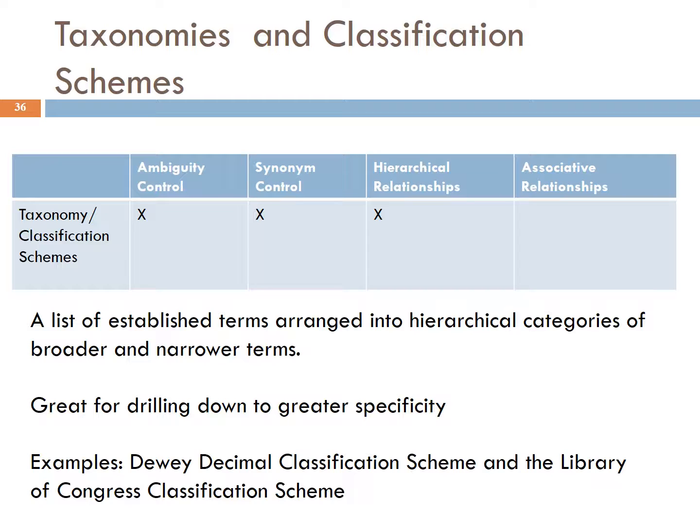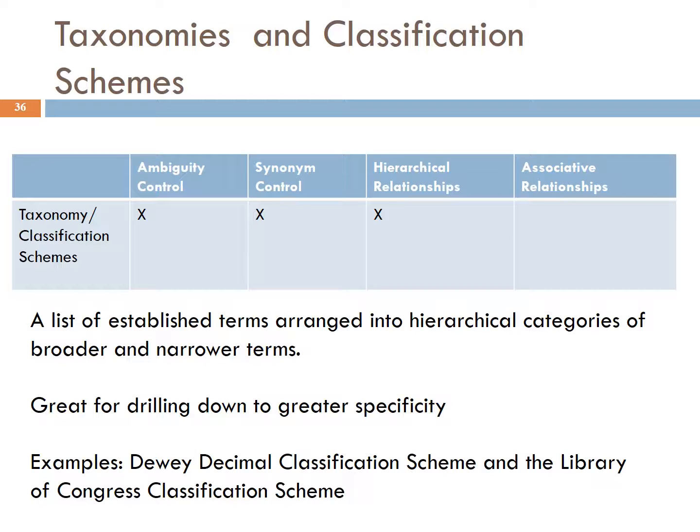Now, a taxonomy or a classification scheme can be viewed from one perspective as basically a list of established terms arranged into hierarchical categories of broader and narrower, or you might also refer to it as parent and child terms. The term taxonomy can refer to a very rigorous and formal classification scheme, or it can be a loose hierarchical scheme used for organizing and navigating something like a website, or to many types of uses and schemas in between.